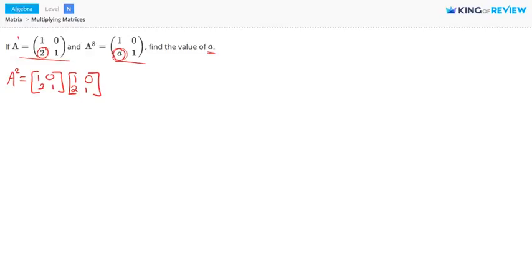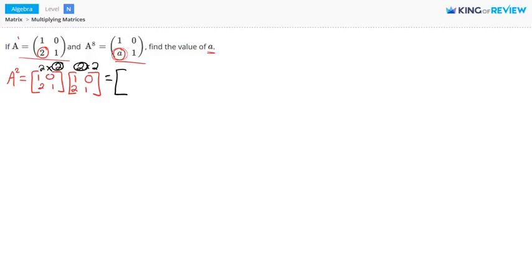Now the product of two matrices is defined as long as the number of columns in the first matrix is equal to the number of rows in the second matrix. So this is a 2 by 2, 2 rows by 2 columns, and this one is also a 2 by 2. Because these two numbers are equal, we are allowed to multiply together.